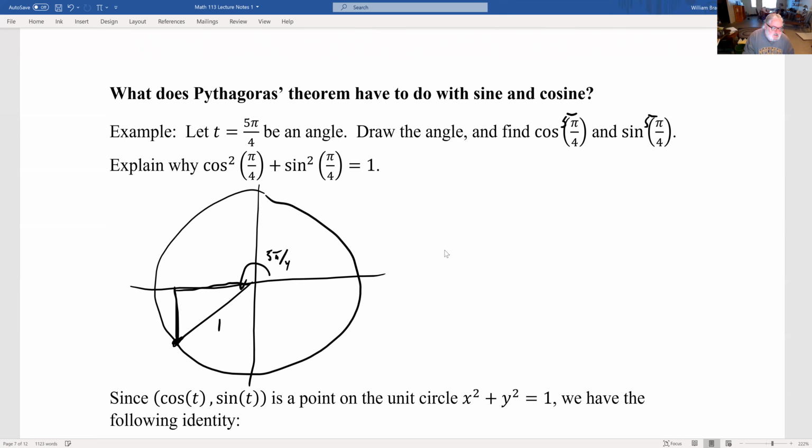And this is the point minus √2/2, minus √2/2. So why is cosine squared of 5π/4 plus sine squared of 5π/4 equal to 1? Well, we could plug in the numbers and just square them, and you'd get 1, and you can do that. But the trick here is to remember that this is a circle of radius 1.